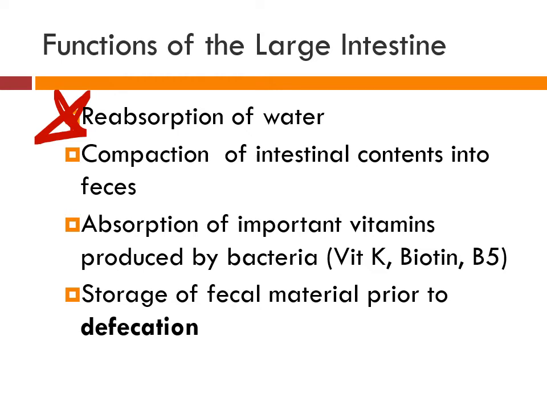This water resorption, interestingly, we have 1,500 milliliters of material that enters the large intestine each day. And then through all of that reabsorption, we end up only excreting 200 milliliters of material. So we have 1,300 milliliters that get reabsorbed in the large intestine.